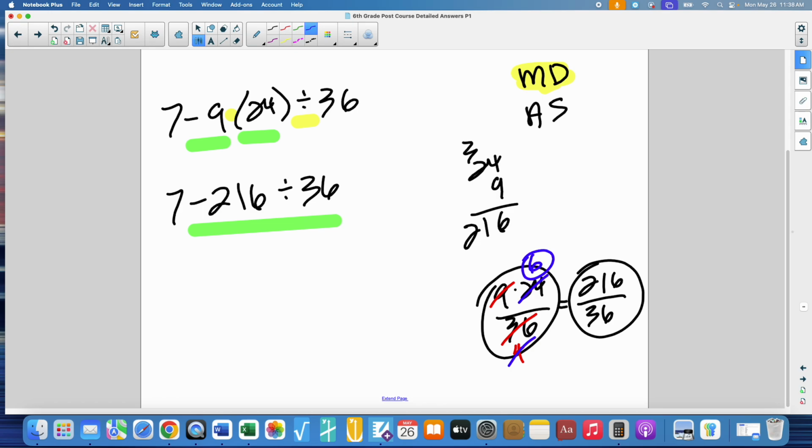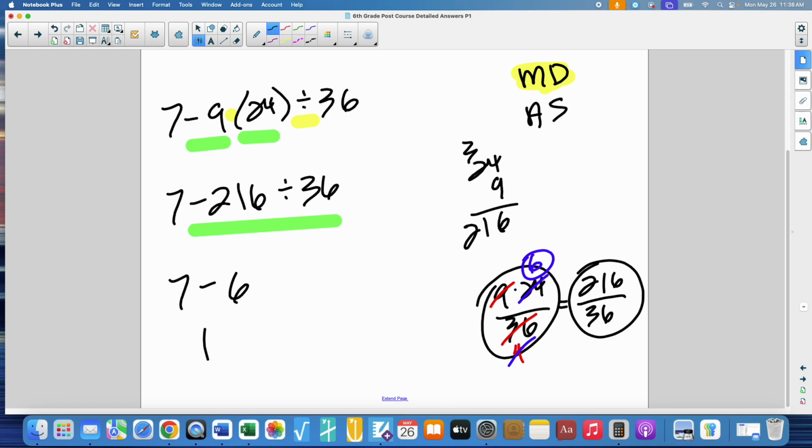So I know that negative 216 divided by 36 gives me negative 6. No calculator. It's just using logic, using our factors. And instead of making numbers bigger, I'm going to break them down into more manageable numbers. And 7 minus negative 6 gives me 1, which would be my answer for number 3.